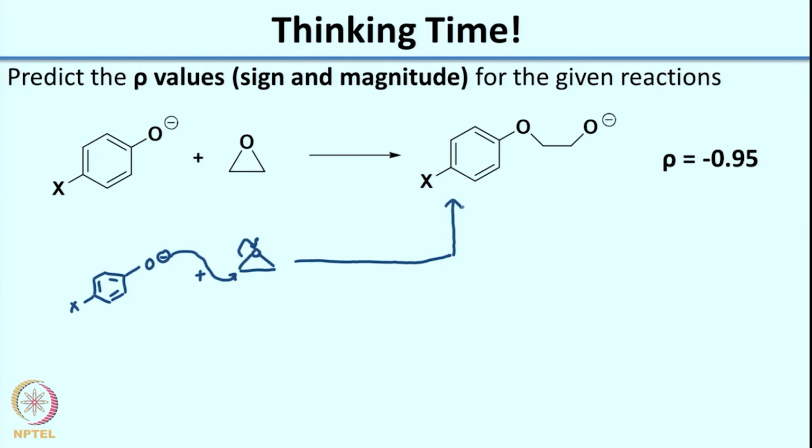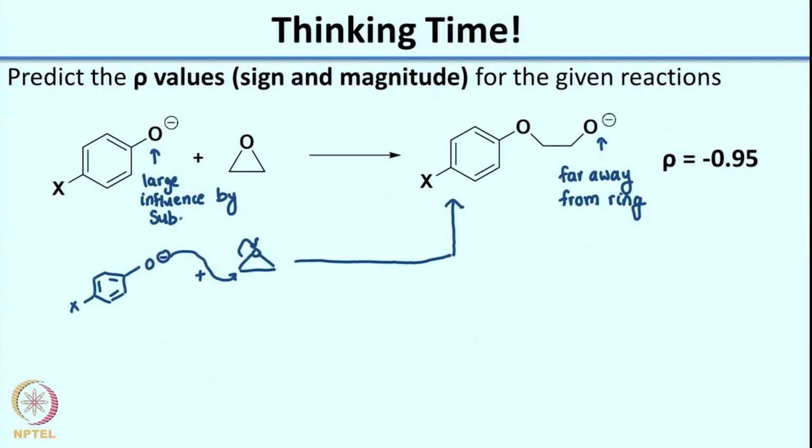Now, when you look at the product, the negative charge is pretty far away from the aromatic ring. And if I look at my starting compound, which is the phenoxide here, so there will be a large influence by the substituent.